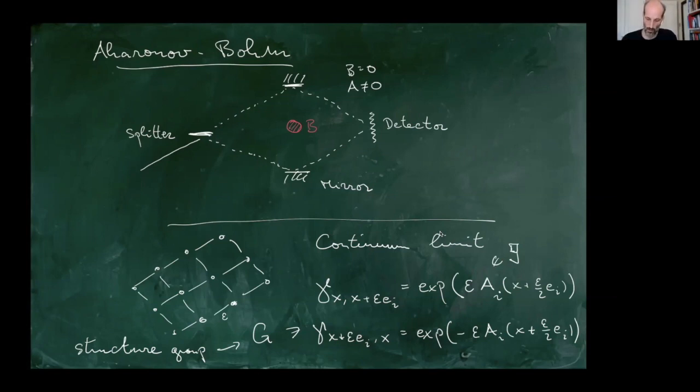And so what this really means in the continuum is that the A's are really a one form, right? So at every point, you give yourself a direction and it spits out, well, not a number, but an element in that Lie algebra. Okay, so it's a one form, except that it's not a real valued one form. It's a Lie algebra valued one form, right?